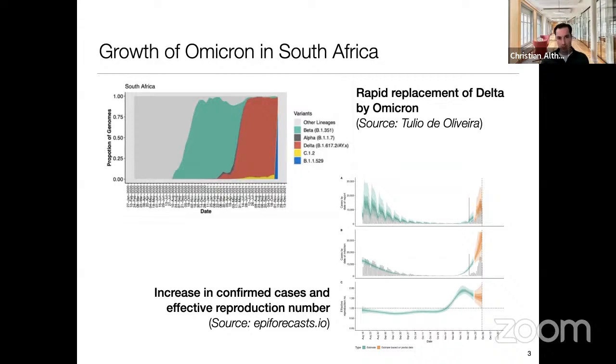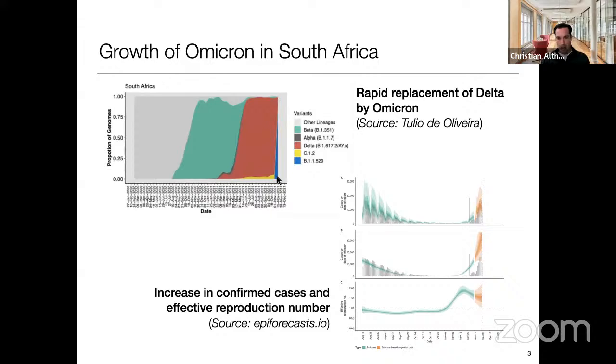They showed this graph here on the top left that shows the proportion of different variants among the genomes they sampled in South Africa. So there was the original lineage here. And then in green, there was a big beta wave in South Africa, followed by a delta wave this year. And now we see here in blue this spike, this rapid increase of this new variant, which gave rise of concern.